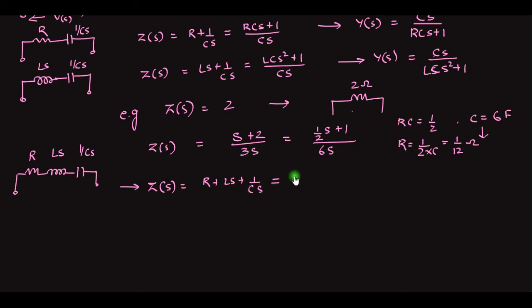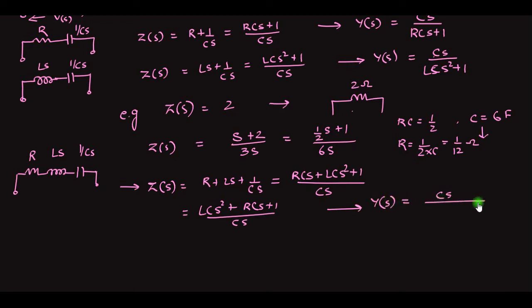Solving this, I will get (RCs plus LCs square plus 1) divided by Cs. Let me rewrite it: (LCs square plus RCs plus 1) divided by Cs. So its network function would look something like this, and its driving point admittance Ys will be equal to Cs divided by (LCs square plus RCs plus 1).